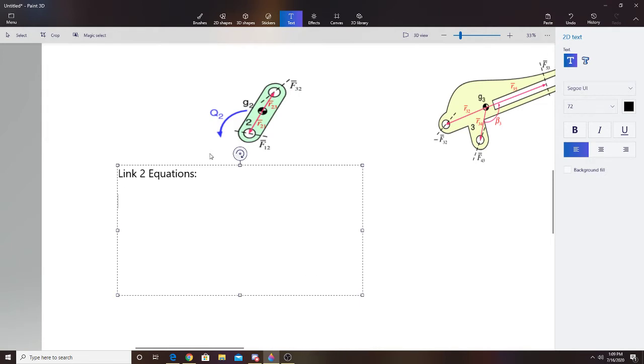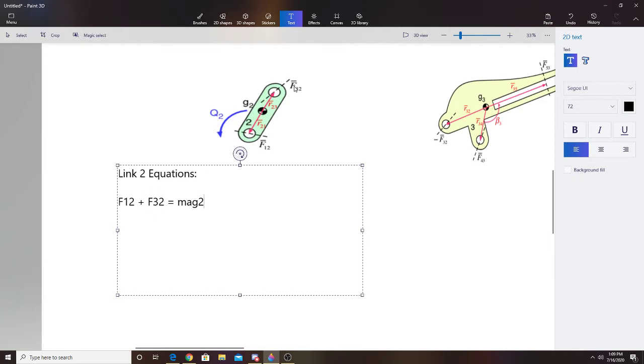So, with that in mind, we are going to start the first equation. So, right here we have F12 and F32 as our two forces in this diagram. So, the total force equation will be F12 plus F32, right? Is equal to m a g2.